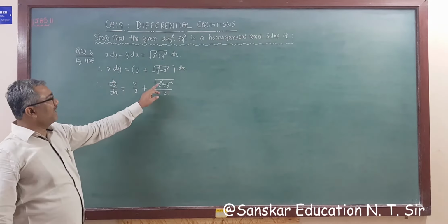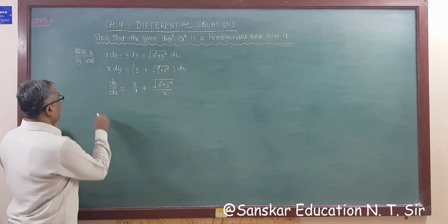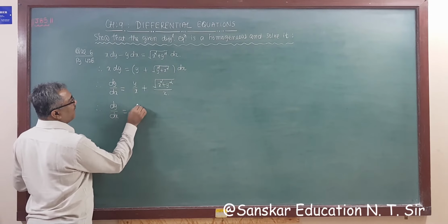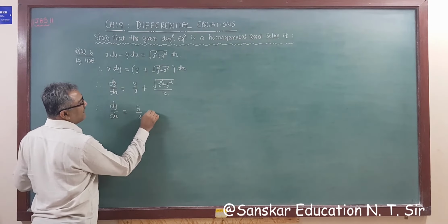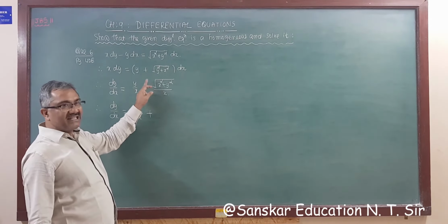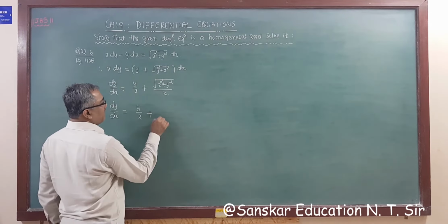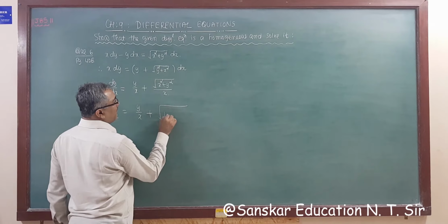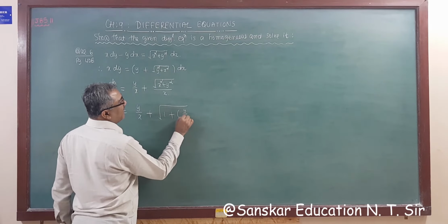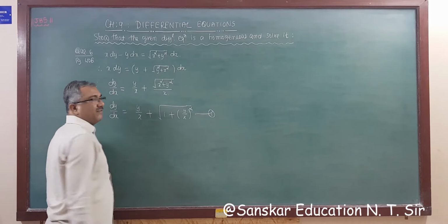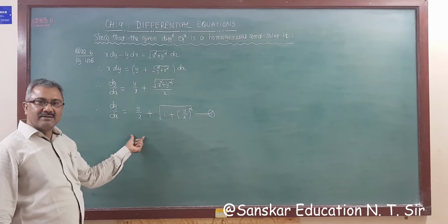Now taking x square common, we get dy by dx is equal to y by x plus root 1 plus y by x whole square, equation number 1.